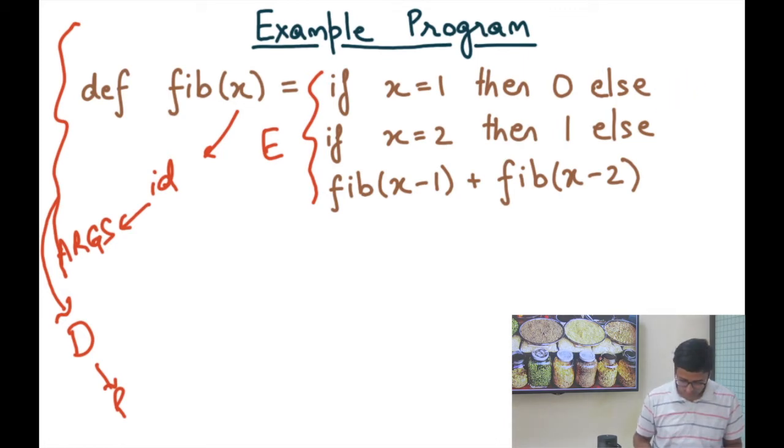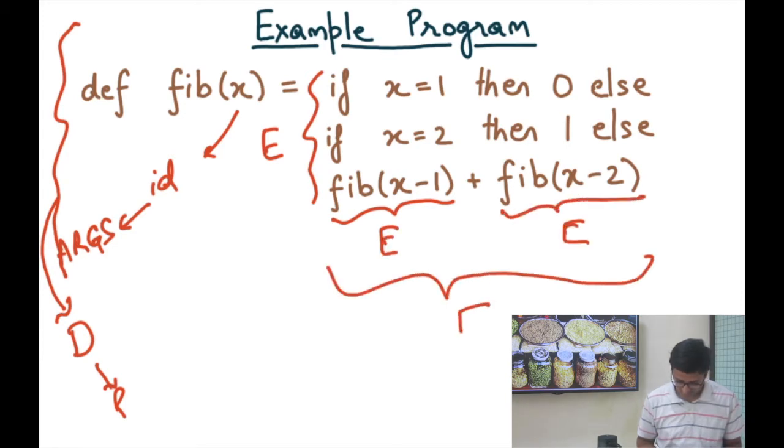And notice that a function call here, fib(x minus 1), is a recursive function call. It doesn't matter, recursion is allowed in our language, and in this particular case, this is also an expression in our grammar. All right, all these are actually expressions.